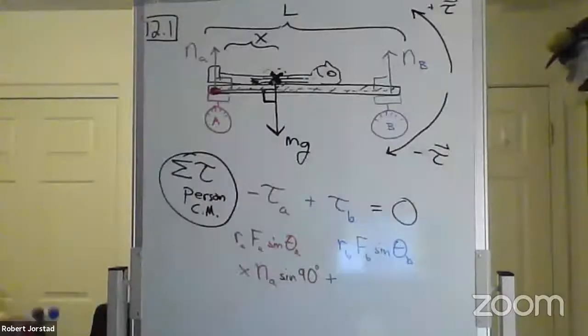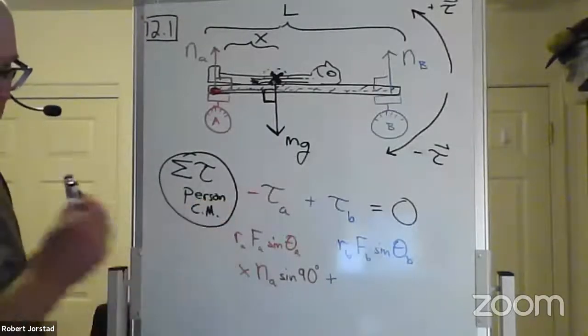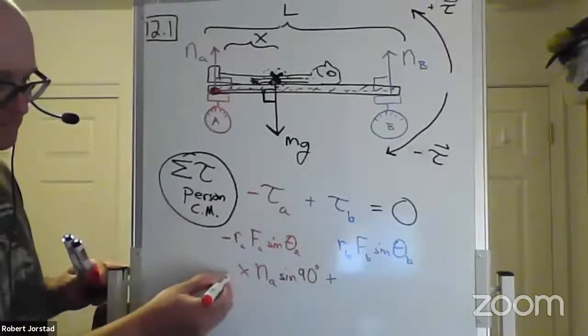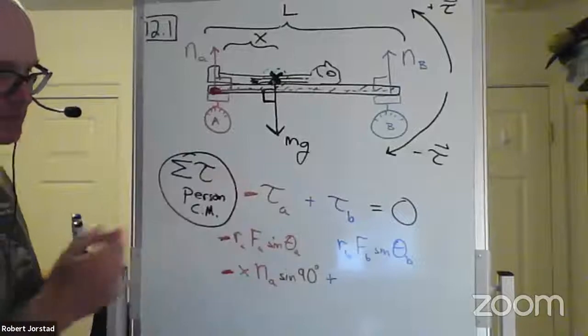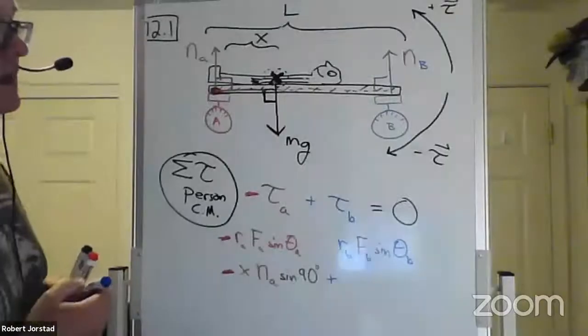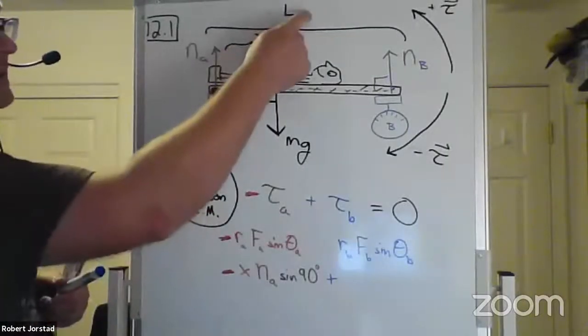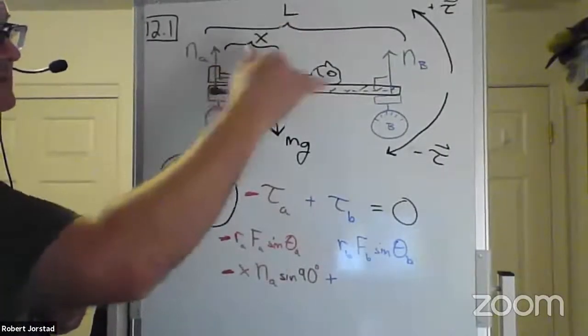Okay. And Jacob pointed out that I forgot to carry down this minus sign. So thank you, that's for the coordinates. Thanks, Jake. I'm thinking it might be X plus something. Okay. Well, we know this is L, and I know this is X. What do you think that is?